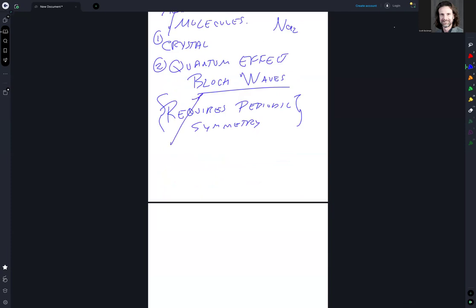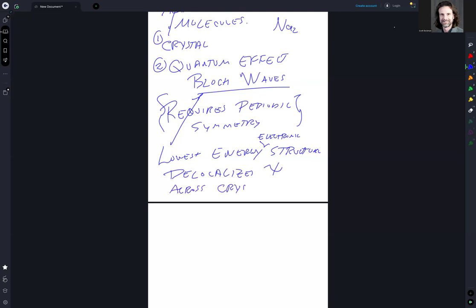the lowest energy structure, lowest energy electronic structure, to specify electronic versus atomic, delocalizes the electron's wave function across the crystal.